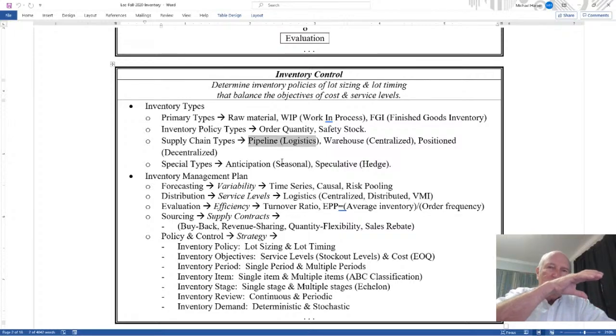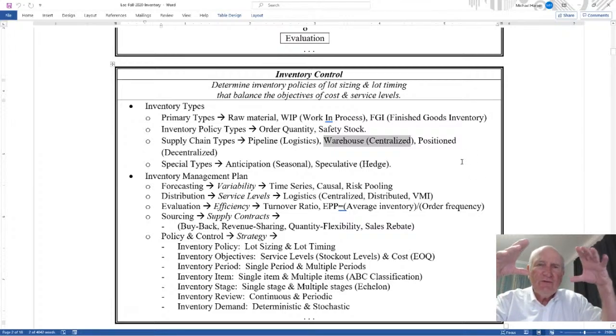So when it's en route, when it's traveling in the pipeline or in the barge or the container or rail, that's inventory. Who owns it? Are you accounting for it? And over time, it's going to cost money to manage that. So that's pipeline or logistics inventory. The other is warehouse or centralized inventory, where you have inventory in a warehouse.